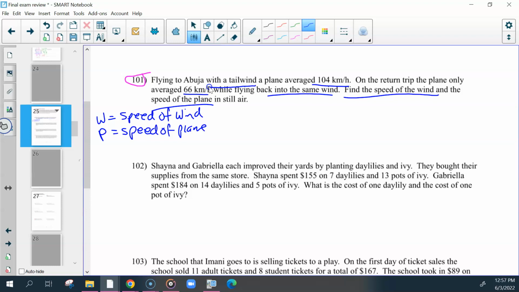After we define our variables, we need to write our equations. With the tailwind, we're adding the wind to the plane speed, so P plus W. Back into the same wind, we are not having that plus anymore, so it would be P minus W.